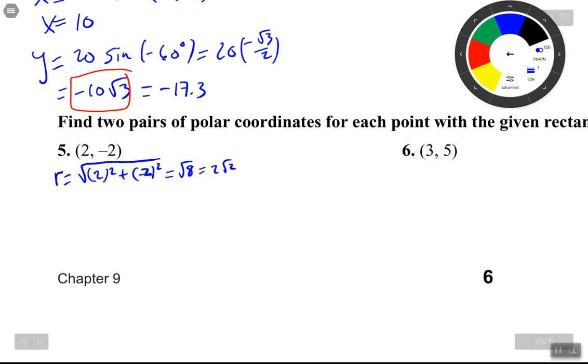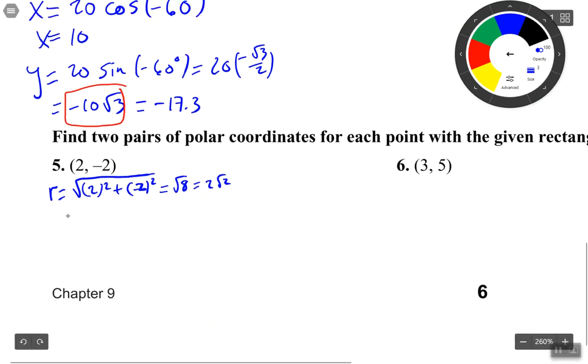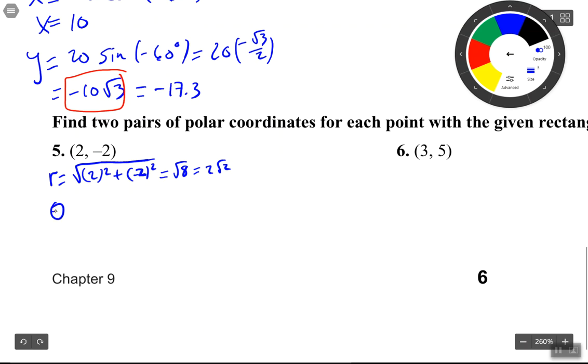Can you put that in the calculator and give me a decimal? Sure you can, but I wouldn't just yet. But that's my radius, right? And what's my angle? My angle is equal to tangent inverse of negative 2 over 2. Is that a negative 1? Where is tangent negative 1, between first and fourth quadrant?